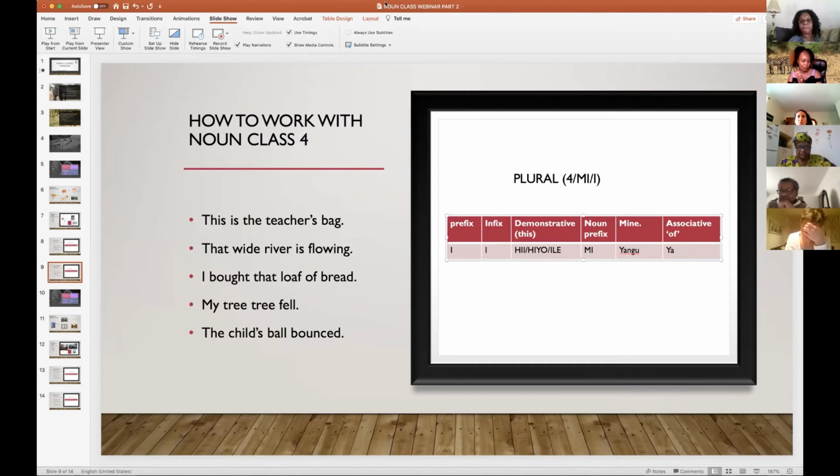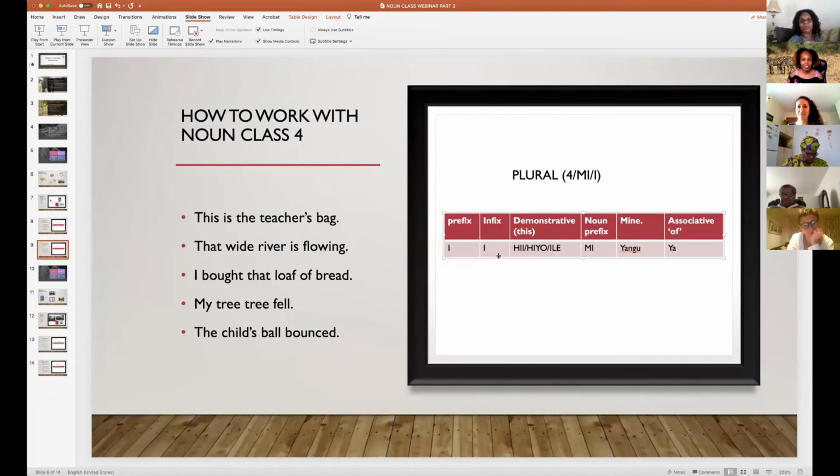I'm inclined to save it for the next time and focus more on reinforcing noun class 3 and 4 and answering any questions you have, just so we don't rush through it. How do you feel? Agree. So I think save it for next time. Okay, I think you're right.